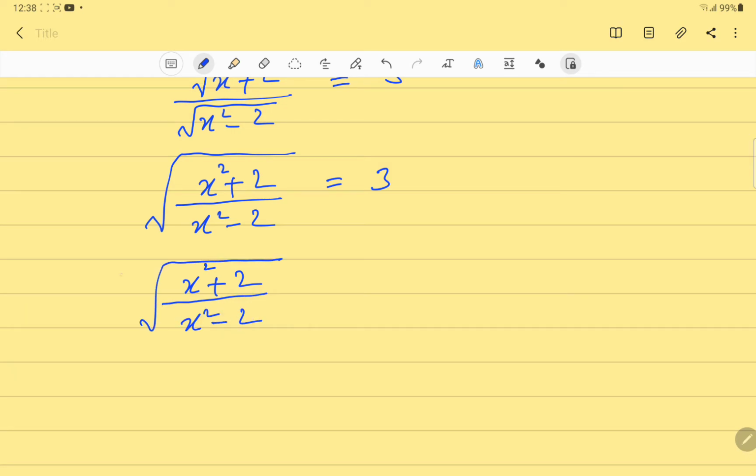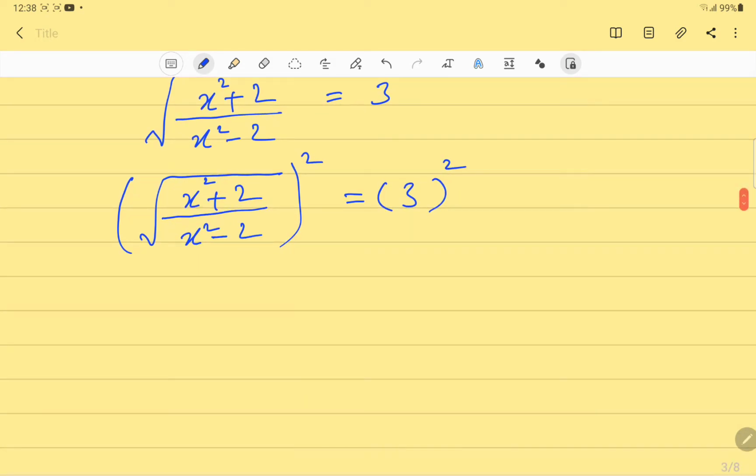We will do like this, square equal to 3 squared. So we have x squared plus 2 over x squared minus 2 is equal to 9.